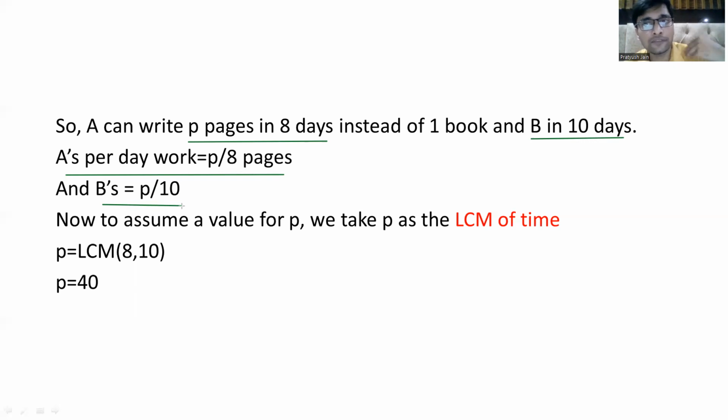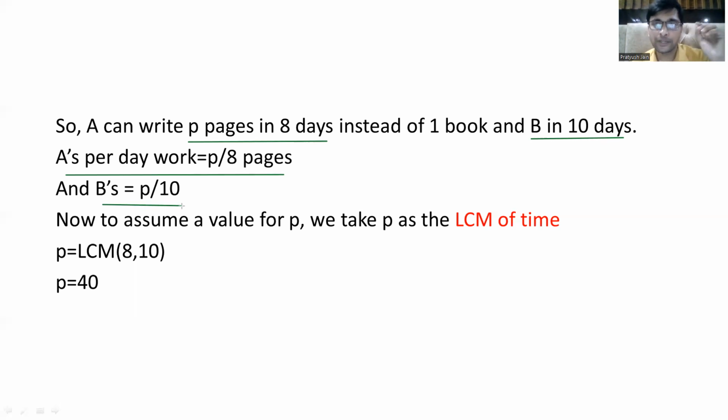Now, if I can choose some value for P such that P by 8 and P by 10 both become some whole number, then that would complete my aim of removing fractions permanently. How do we do that?